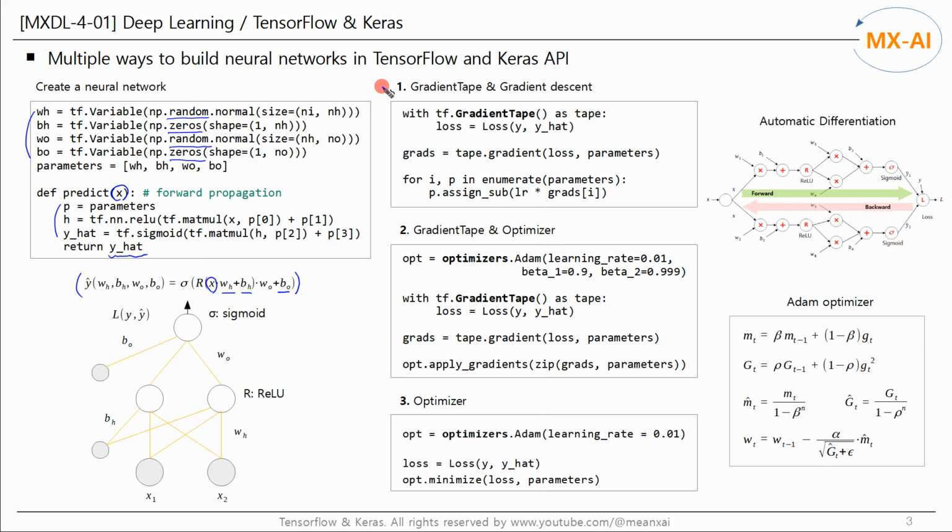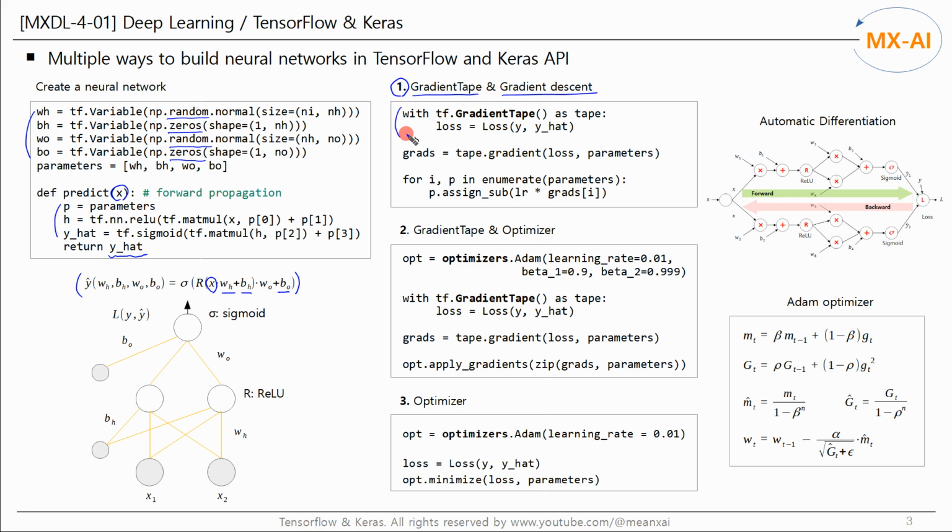Let's use the following 3 methods to update the parameters of a neural network in TensorFlow. The first method is the most basic type and uses gradient tape and gradient descent. Gradient tape is an API that performs automatic differentiation in TensorFlow.